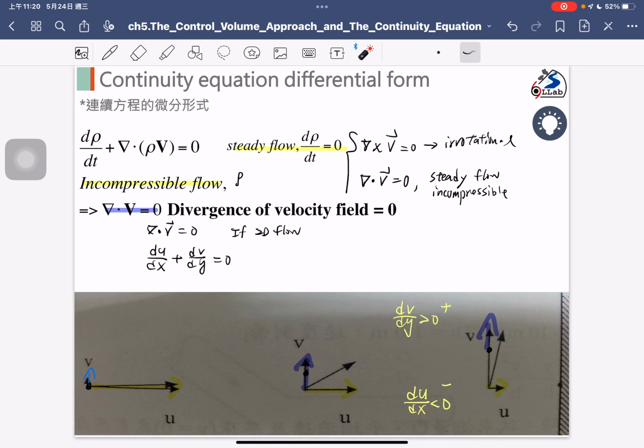So how powerful is the differential form of continuity? That's because even if you don't know the velocity field, if you know your velocity field satisfies steady flow and incompressible flow, then your velocity field always satisfies the divergence of the velocity field equal to 0.